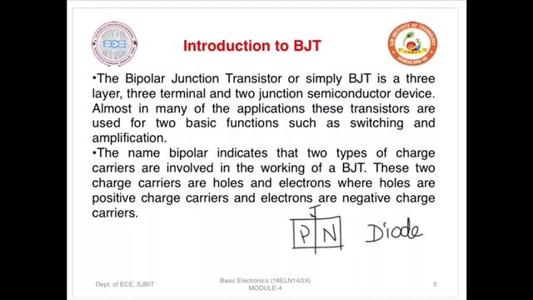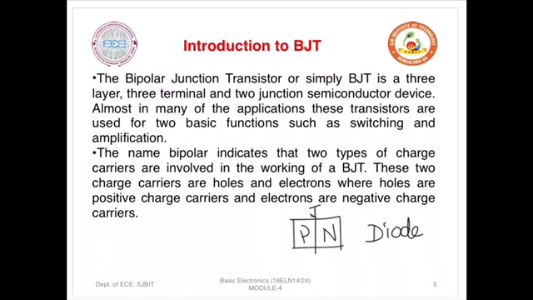In many applications, these transistors are used for 2 basic functions: switching and amplification. The name bipolar is included because 2 types of charge carriers are involved in the working of the BJT.